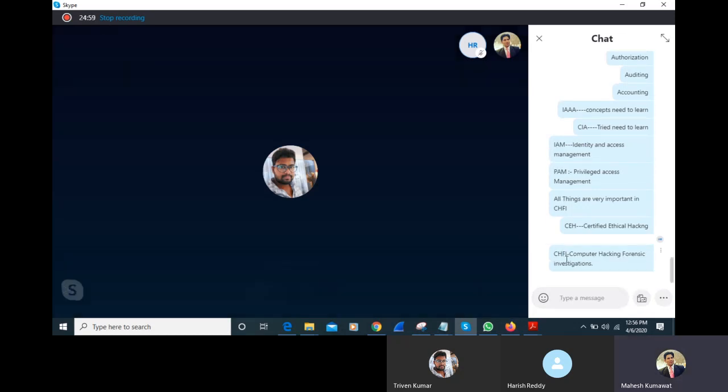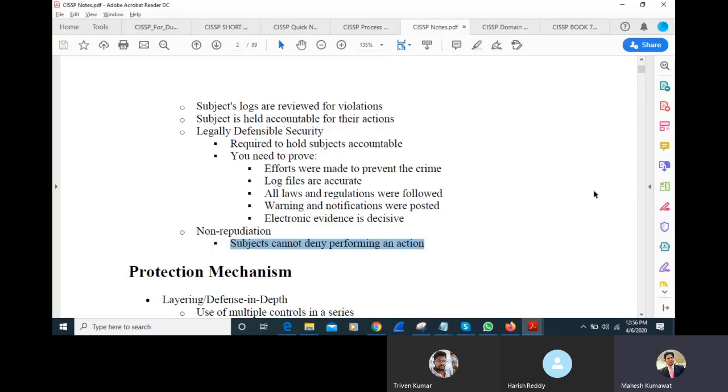After that, you need to understand who is going to perform what type of action, what action has been performed, who is accountable, and who is responsible for supervision. You need to check each and every thing.